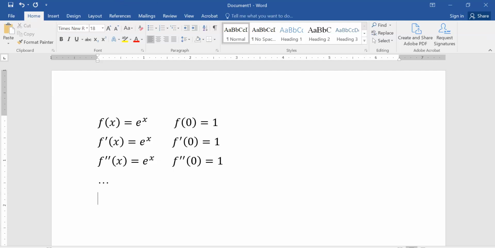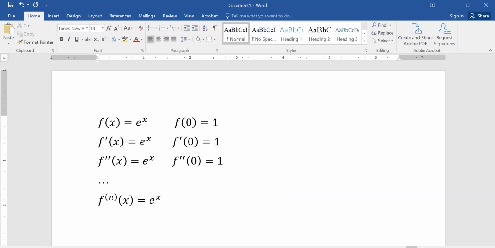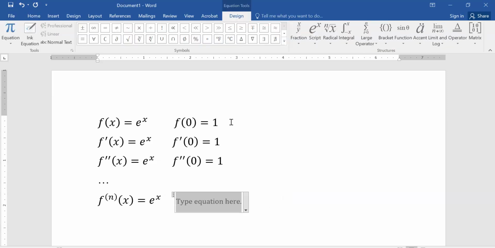So you get that pattern where the nth derivative of f of x is e to the x. And that means that the nth derivative when you plug in 0 will be 1.